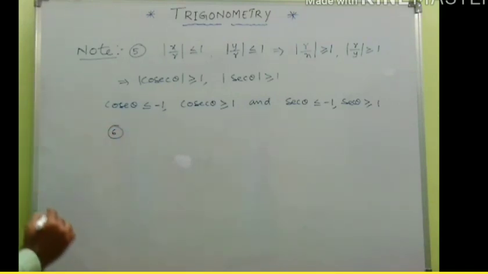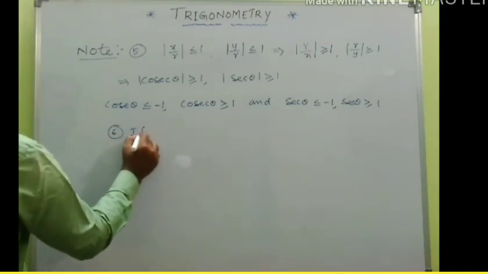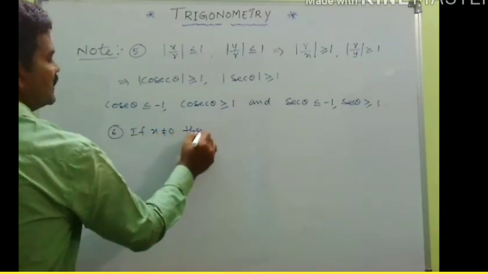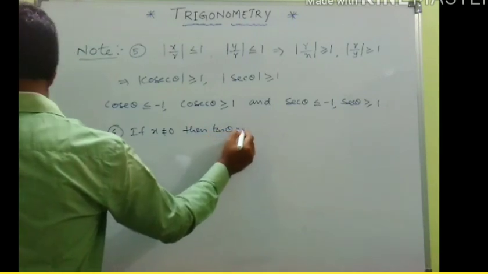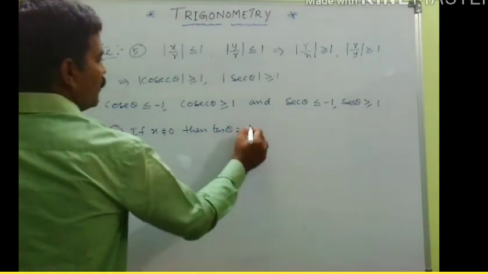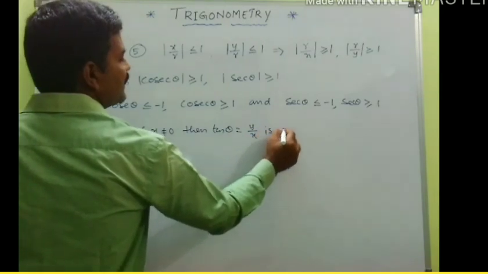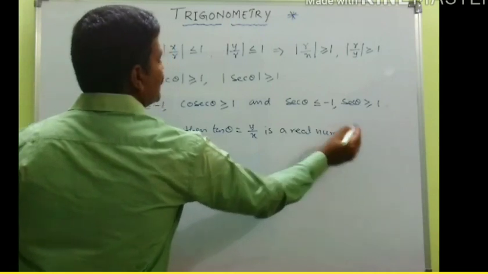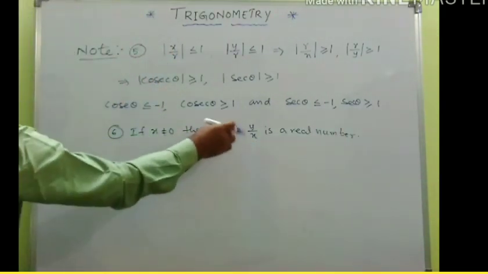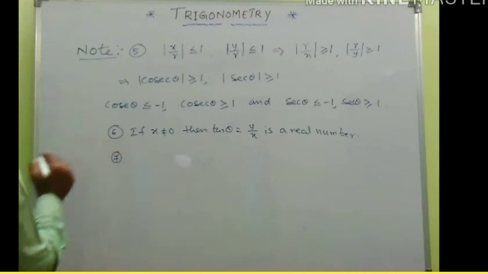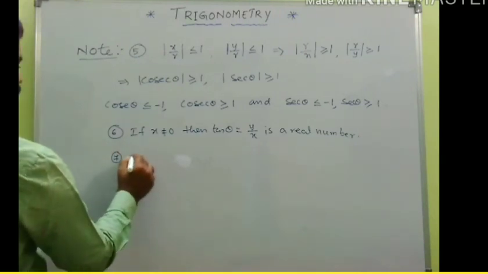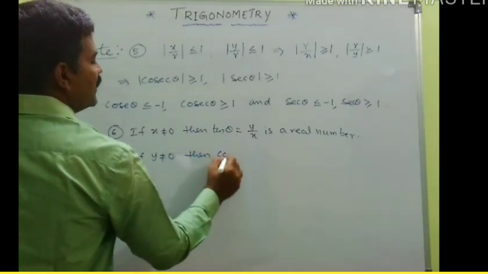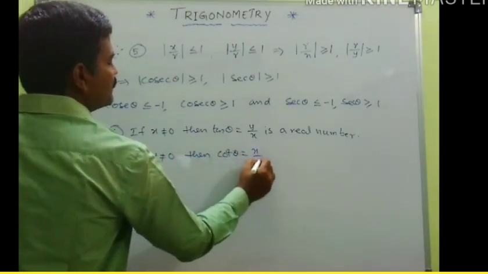Coming to point number 6, if x is not equal to 0, then tan theta is equal to y by x, a real number. When x is non-zero, tan theta is defined. Similarly, if y is not equal to 0, then cot theta is equal to x by y.